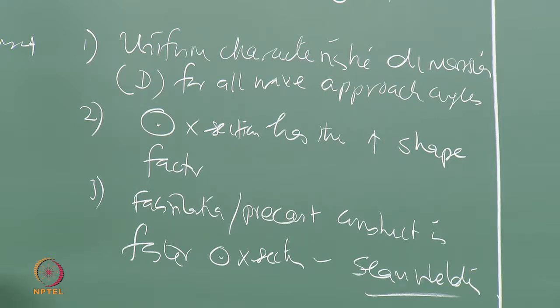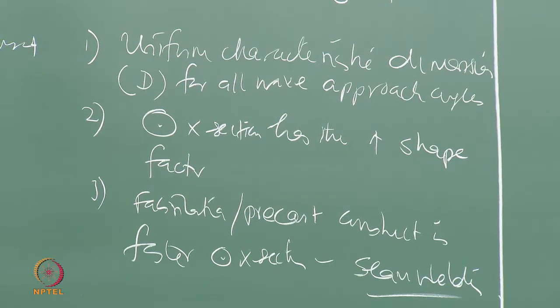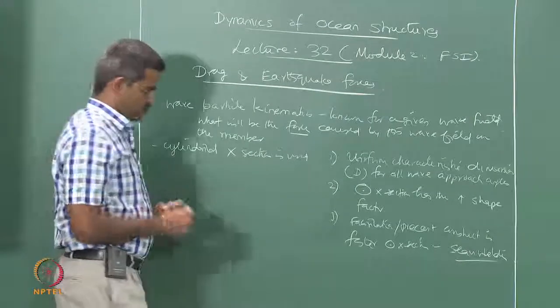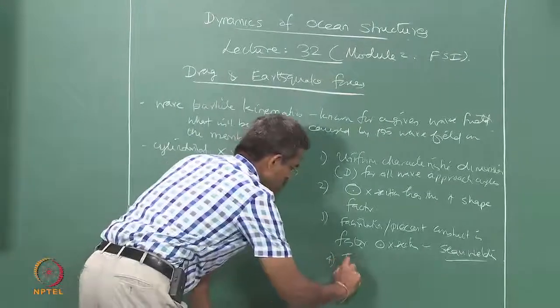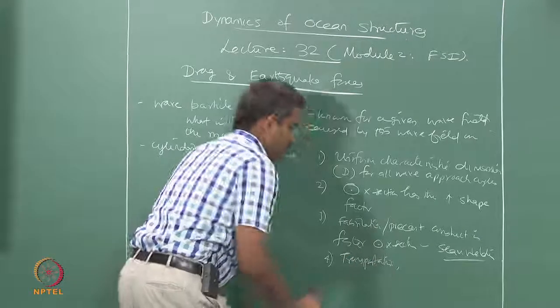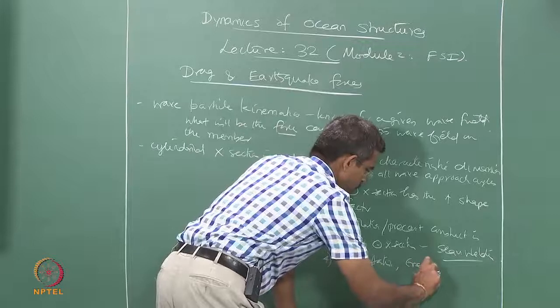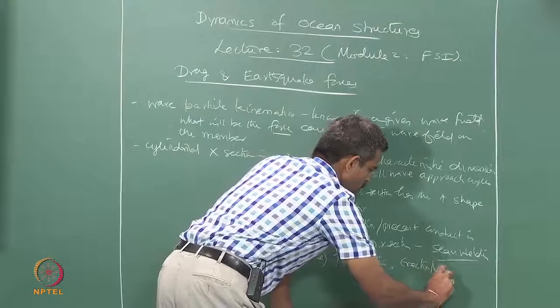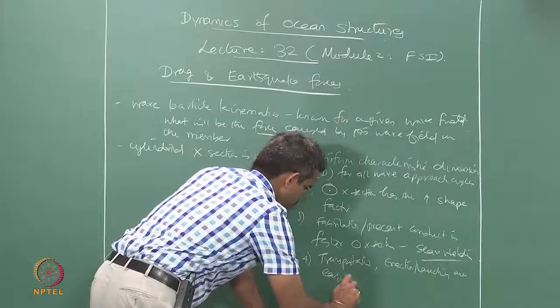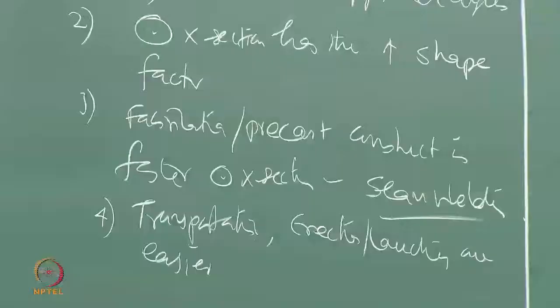So, the connections become rigid and well established using a weld connection, and of course transportation, erection, and launching are easier with circular cylinders.